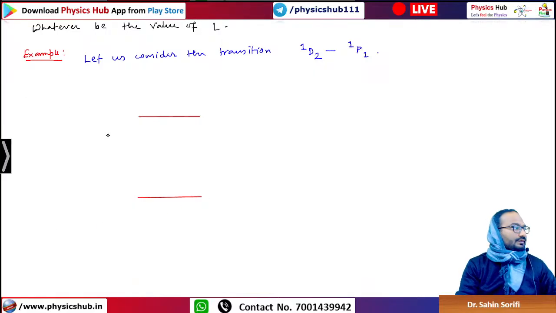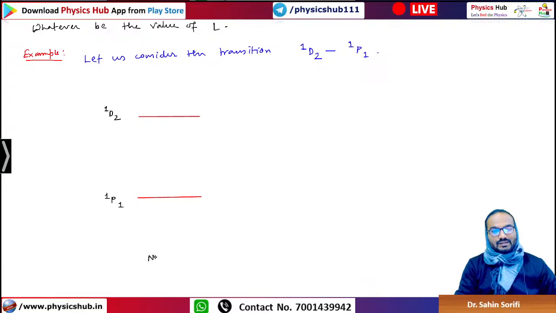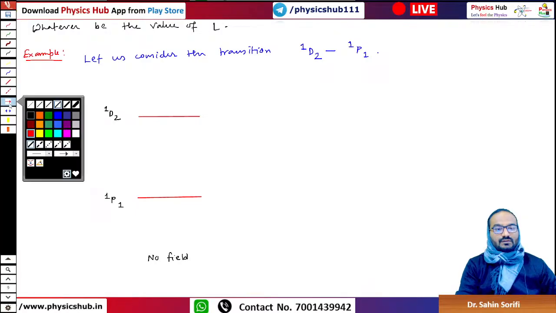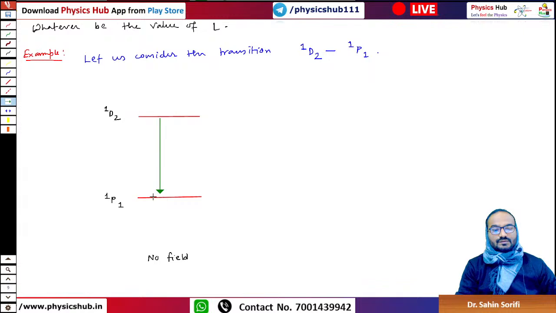This is 1D2, this is 1P1. So under the no field condition, how many lines will you get? You will get only one line, one transition you will observe.